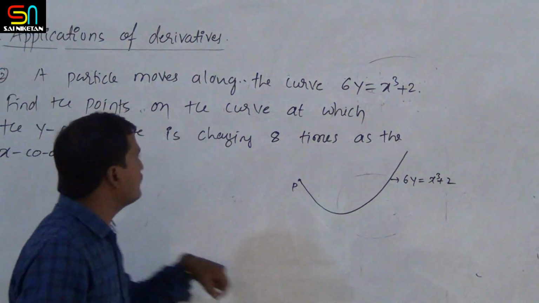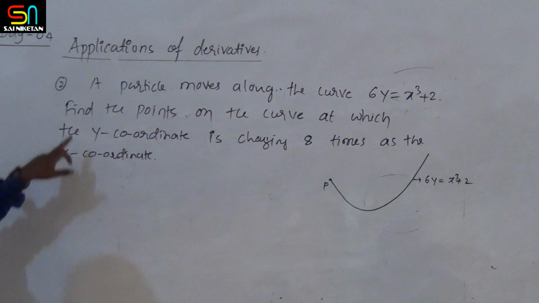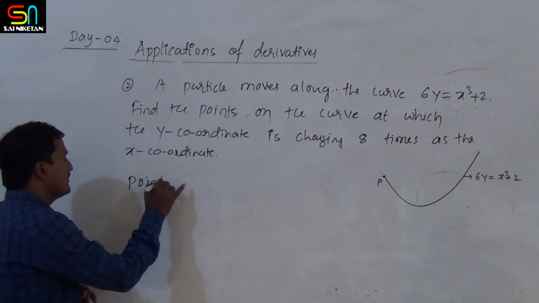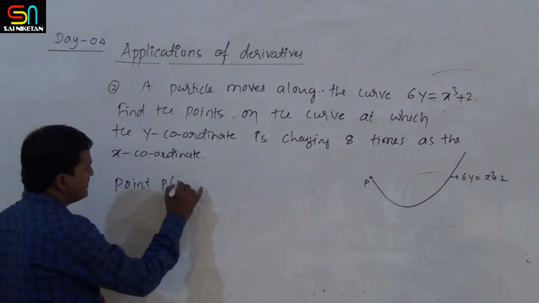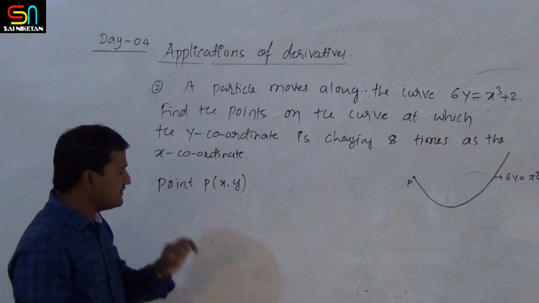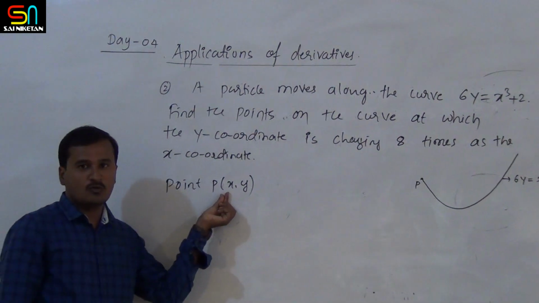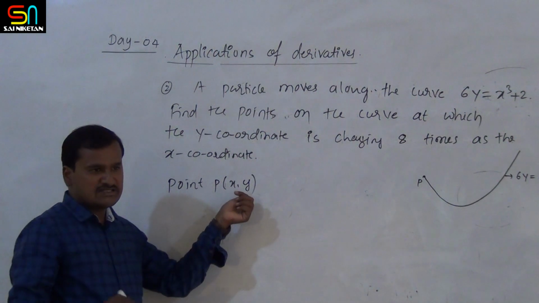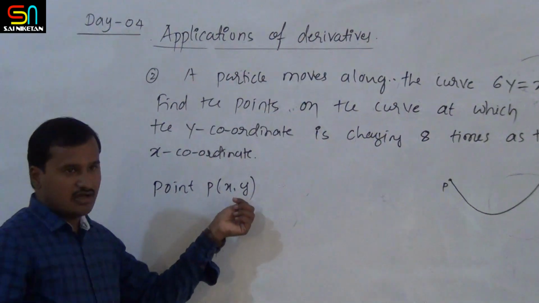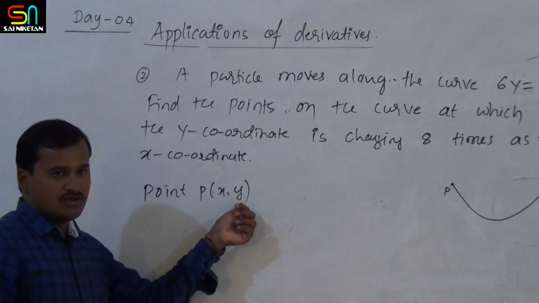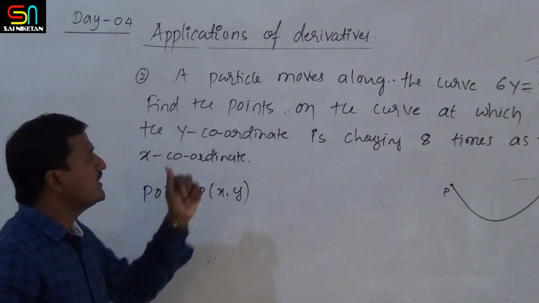So now we have to find, or what we have to find here, the point. A point is always in the form of x comma y. Find the point means that you have to find the coordinates of point P, in the form of x comma y. It means you should find the value of x and the value of y by using the condition.